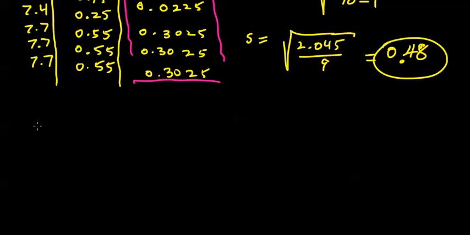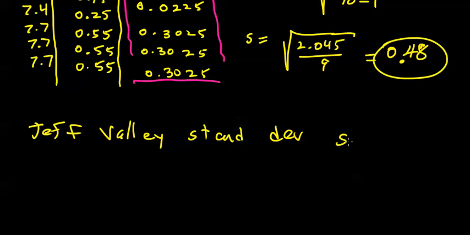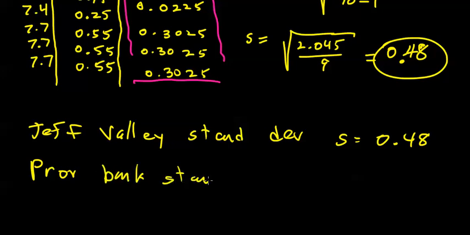Alright, so a bunch of work there. So let me write this down. The Jefferson Valley standard deviation was S equals 0.48. Alright, now I won't draw it out here, but the Providence Bank standard deviation was 0.57 in minutes.